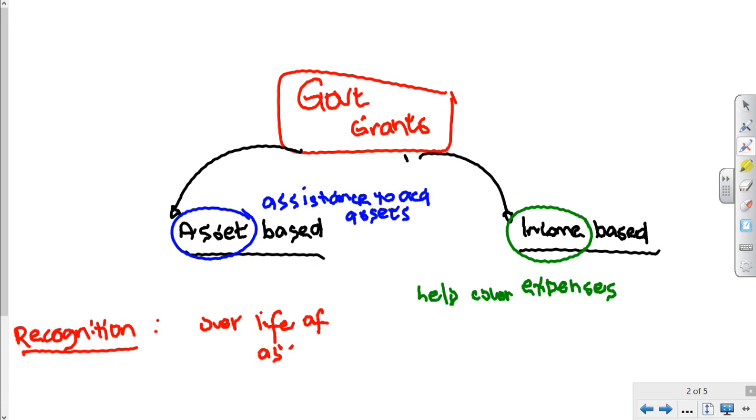So we will take that grant, whatever it was, R1 million, and if we're going to depreciate that hospital over 5 years, we will recognize that grant over 5 years. The income-based grants, the recognition of those is on a matching principle. So what will happen is that we will match the grant to the salary over the 3 years.